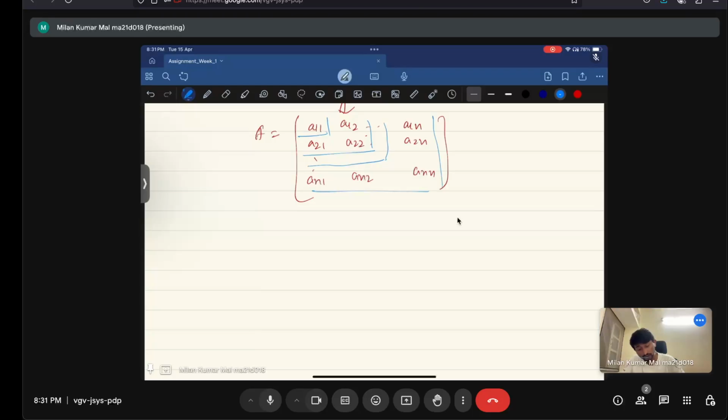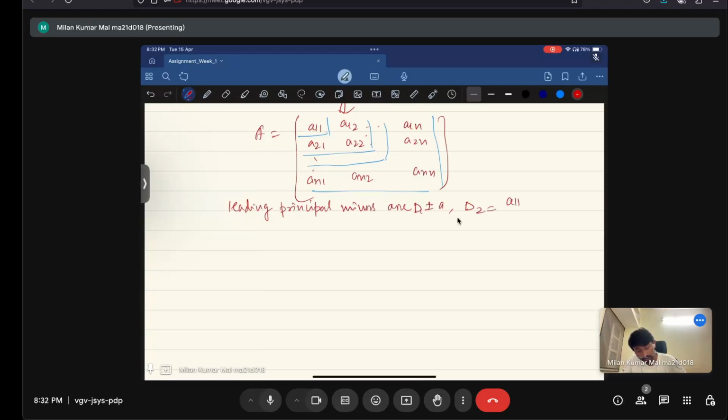So therefore the leading principal minors are D1, D2, and so on.